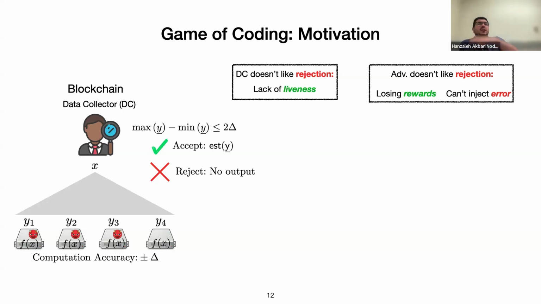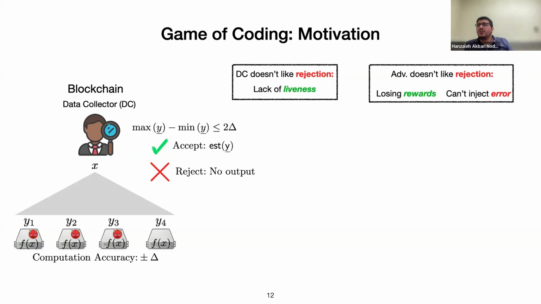Let's assume that all of this computation is related to some financial application. Whenever the system is dead, it's not live, the system doesn't allow any transaction, any swap, anything. But the adversary wants to inject some noise to utilize this opportunity in, let's say, arbitrage or whatever.